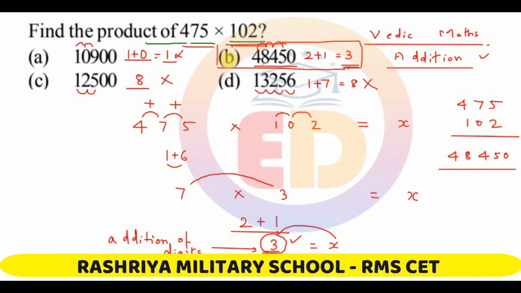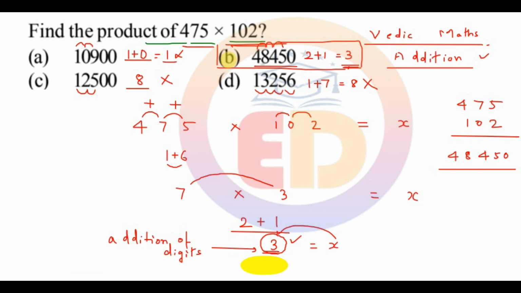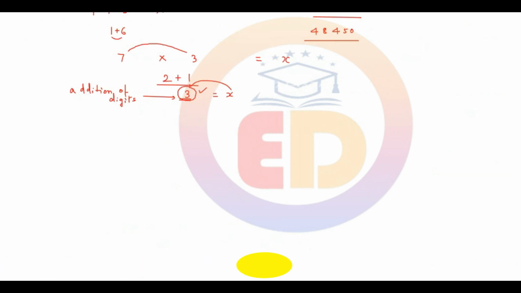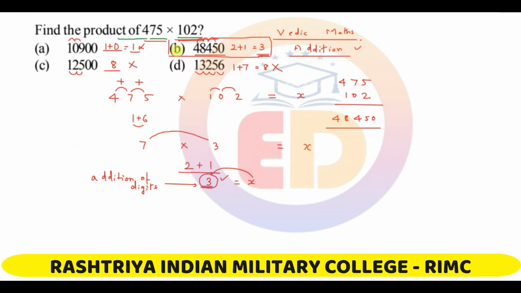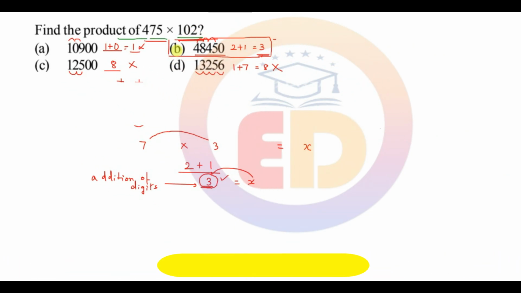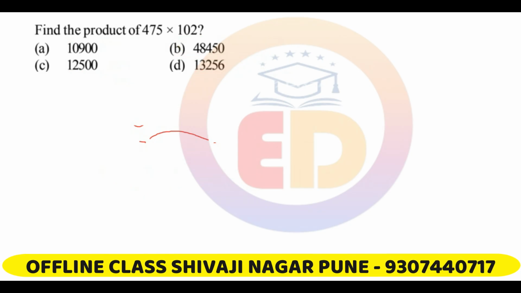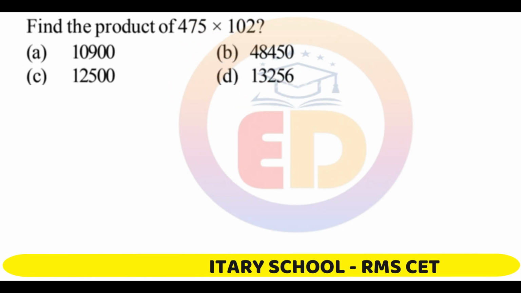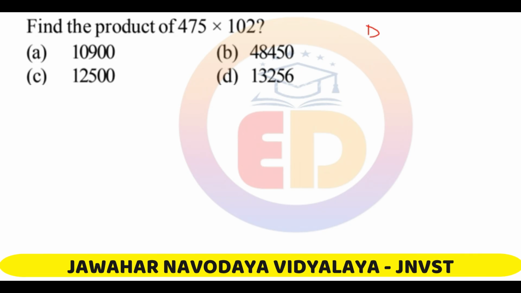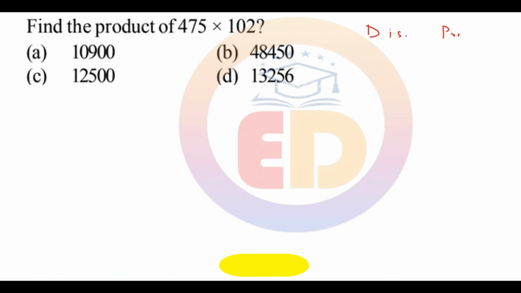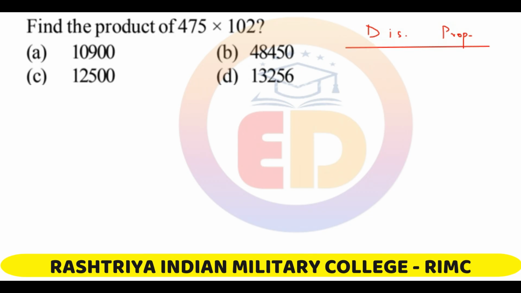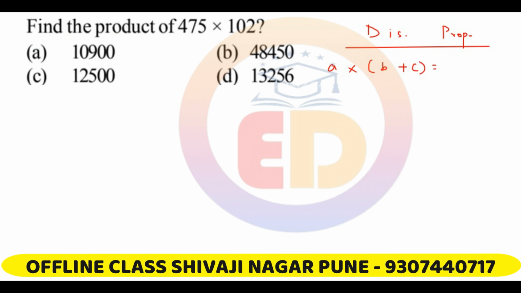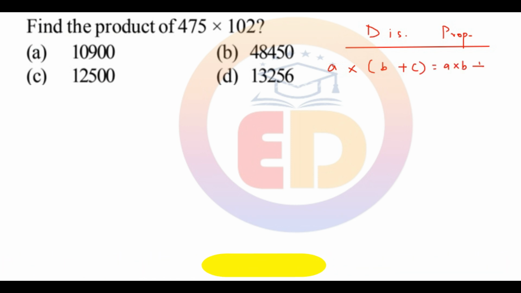I'll discuss one more approach for solving this, which is the approach using the distributive property. Now, how can we use the distributive property here? Now we know the distributive property of whole numbers is given by a multiplied by bracket b plus c equals a multiplied by b plus a multiplied by c.